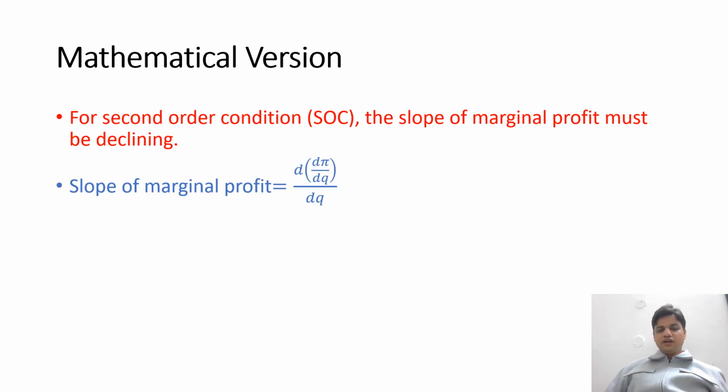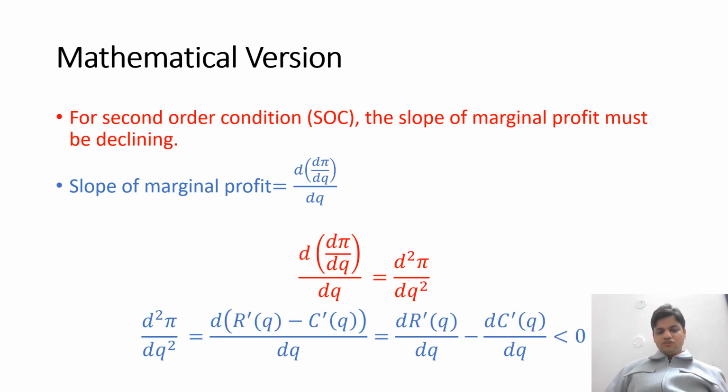The slope of marginal profit is obtained by further differentiating the marginal profit. So d of d pi by dq by dq. So we can write this as d square pi by dq square. So that can further be elaborated. We can again substitute the expression for d pi by dq.